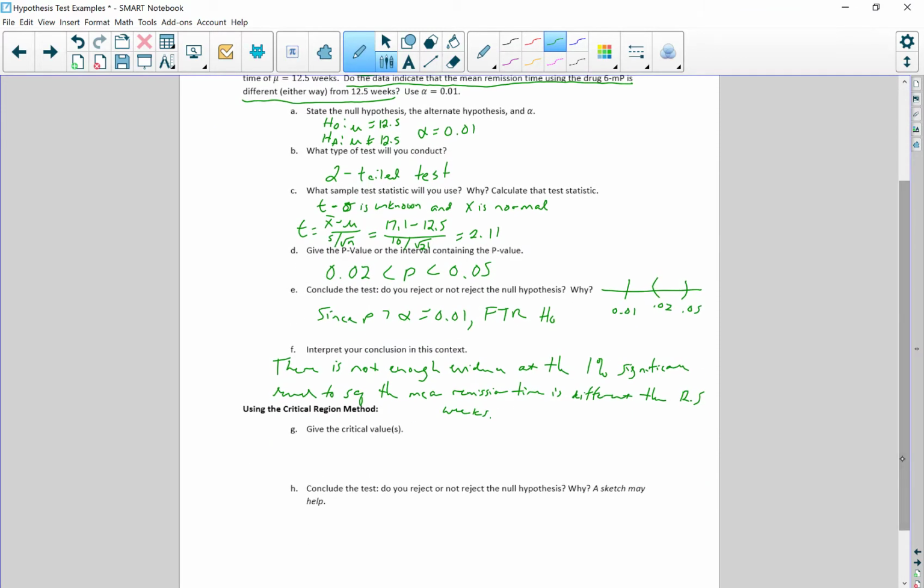So the steps are pretty much the exact same for hypothesis testing with T or Z. They're the exact same steps. The only difference is with the T interval, because we're using a table, we're often going to end up with an interval containing the p-value. So the process, though, still is the exact same.